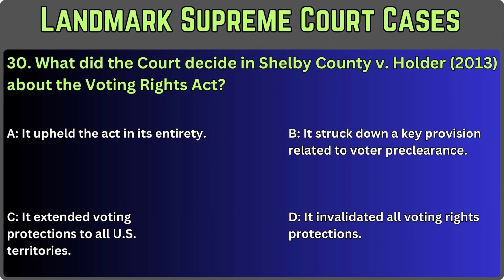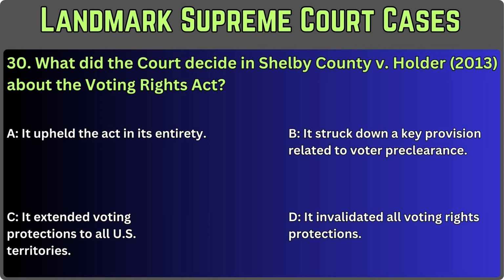30. What did the court decide in Shelby County v. Holder, 2013, about the Voting Rights Act? A. It upheld the act in its entirety. B. It struck down a key provision related to voter preclearance. C. It extended voting protections to all U.S. territories.